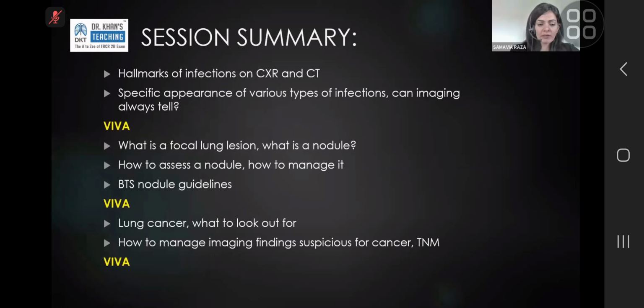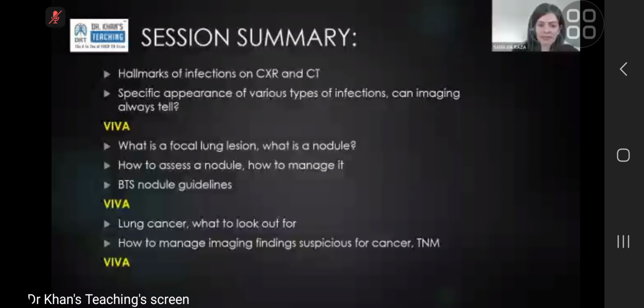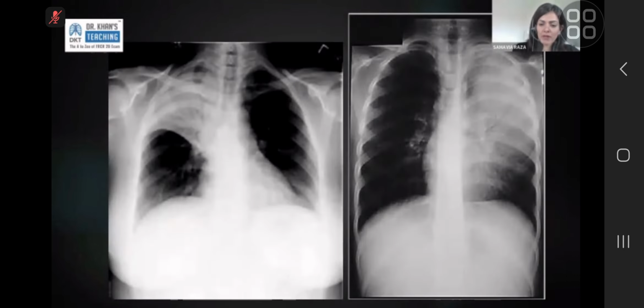I want to talk about lung cancer imaging, what you look out for when there is suspicion for underlying cancer, what you look for when you are labeling something as possible cancer, how you need to describe it, and what you need to recommend. Because the message with clinical radiology is you're not just describing something, you have the knowledge to recommend next steps, and that is what is expected of an FRCR or a clinical radiologist.